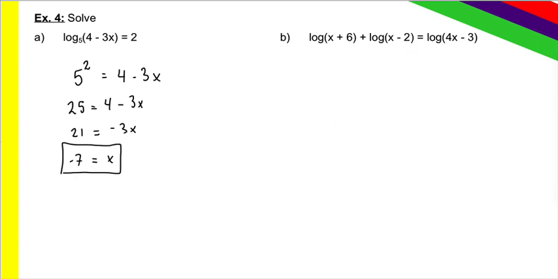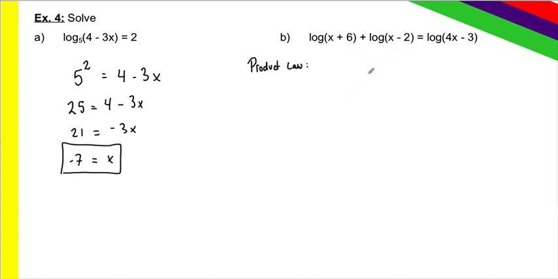Now if you move, for instance, this expression here, log of 4x minus 3, to the left, then it'll be negative, and you could perhaps use the difference law for logarithms. As it stands, however, on the left-hand side, we've got two expressions with the same base, right? They're both base 10. They're being added together. So in fact, we could use the product law for logarithms on the left-hand side, and then simplify that to turn into a single logarithmic expression.